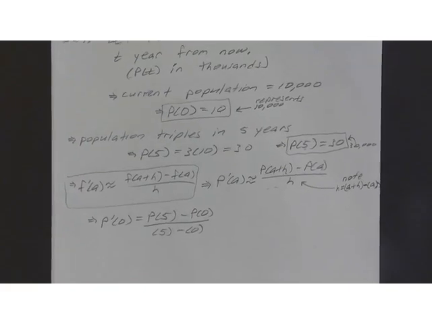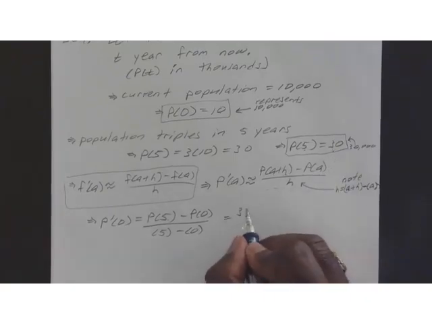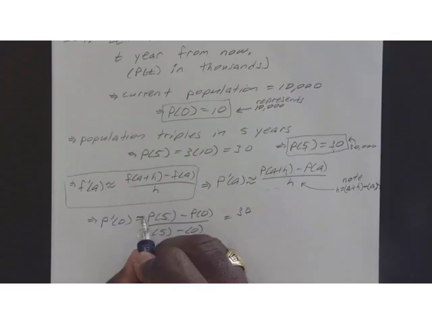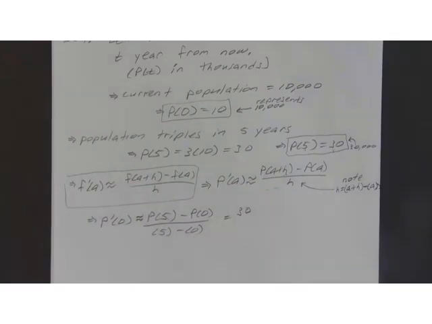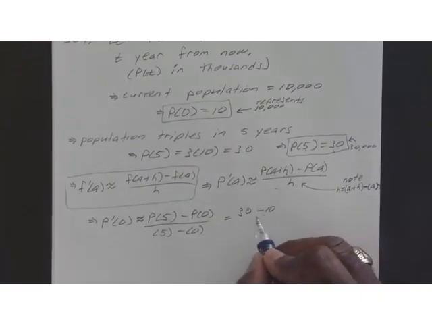Okay, so our population in 5 years, remember that's 30,000, which is represented by 30. That should be approximate. I keep forgetting the approximately. Minus the current population, which is 10,000.